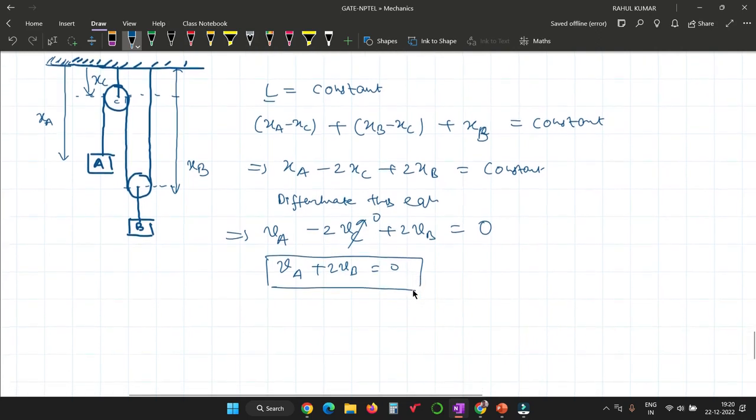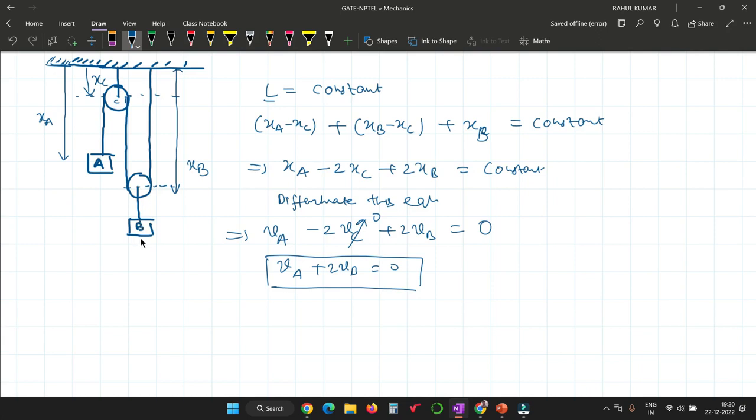Here you can see that the velocity of this pulley is nothing but the velocity of block B, because this arm is fixed with this pulley. If the pulley is moving with velocity VB, then definitely the block is also moving with velocity VB.